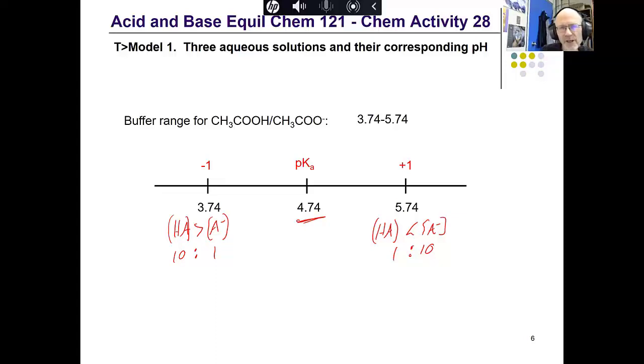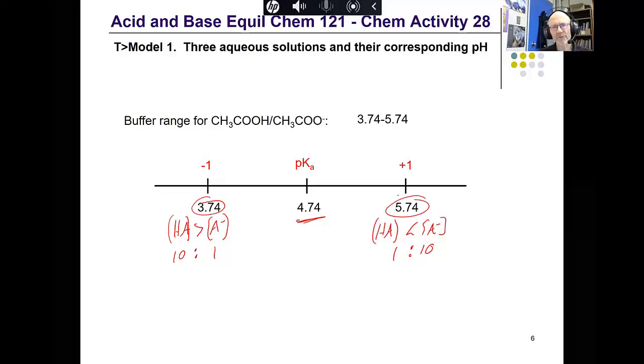The buffer that we're interested in terms of composition is when the conjugate acid and conjugate base are within a 10-to-1 ratio. So any pH from around 3.74 up to 5.74 is within the buffer zone of this buffer system.